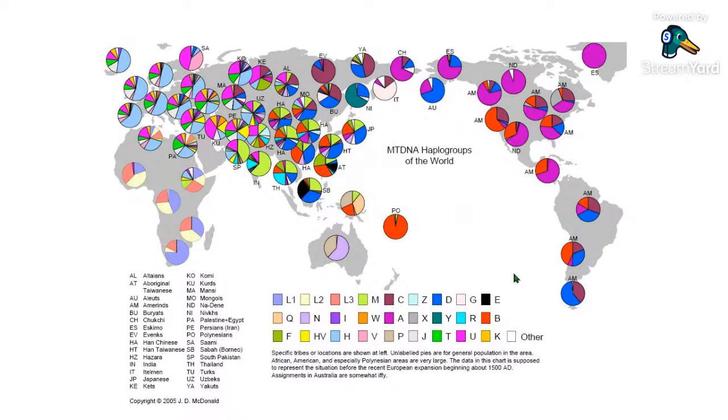But this B here is from the Middle Eastern Semitic branch. So not only is it the B, but it's the F and the P. So, which is Middle Eastern mitochondrial DNA.